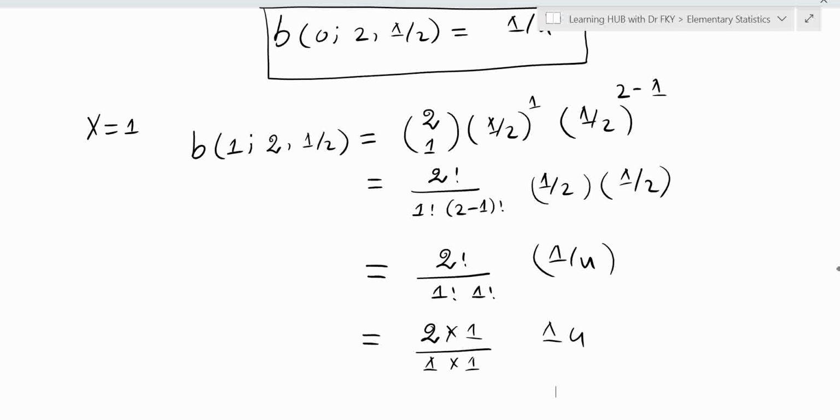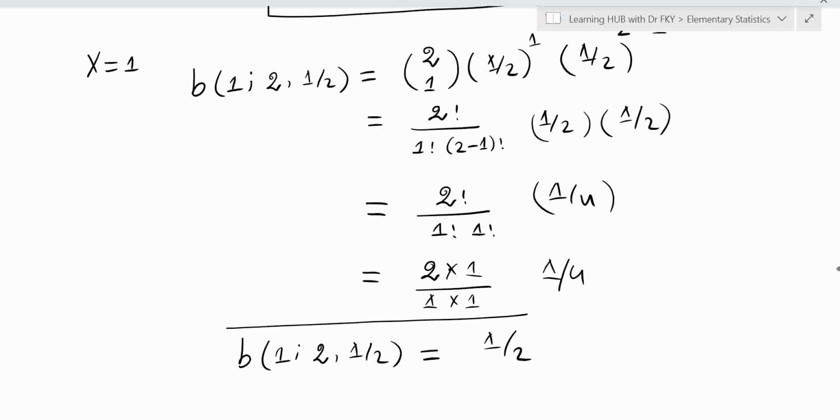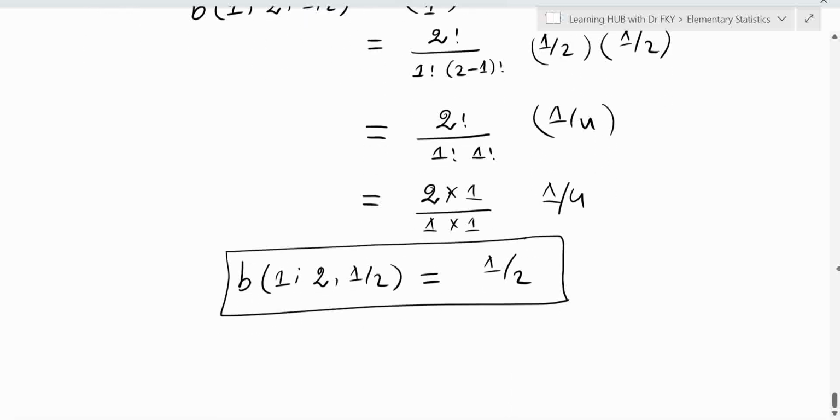So this means that this probability is 1 divided by 4. This means that the probability of x equal to 1, with p equal to 1 divided by 2, is equal to 1 divided by 2, which is the same as the probability which we calculated by using simple probability rules.